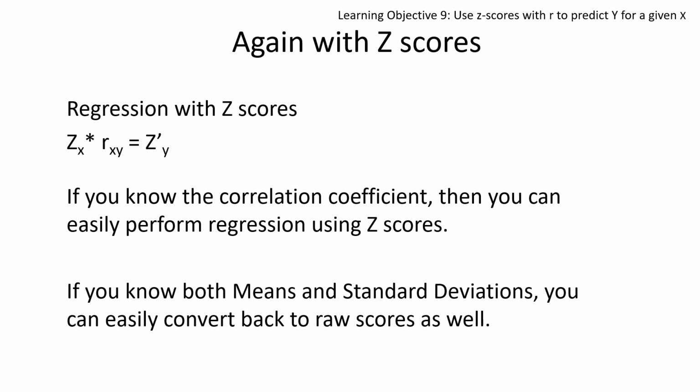All right, one last topic, and this is our last learning objective. Use z-scores with R to predict y for a given x. This is a very easy equation to do. One of the easiest equations you'll do all semester. There's one non-parametric equation we'll do later that's even easier. But if you've got a z-score for your x, and you've got an R, a correlation, you can get the predicted y z-score.